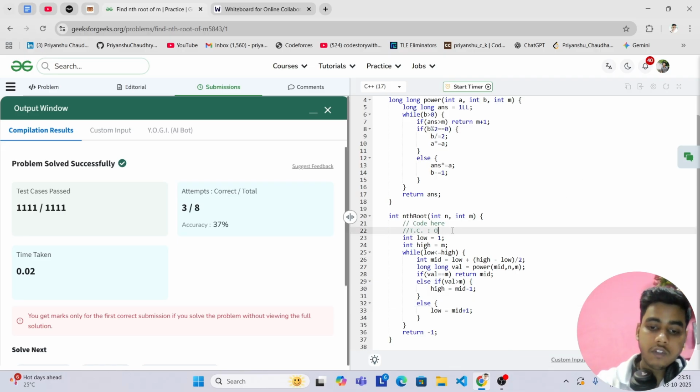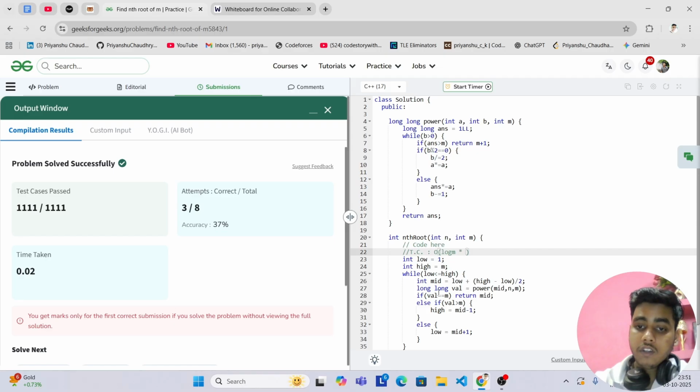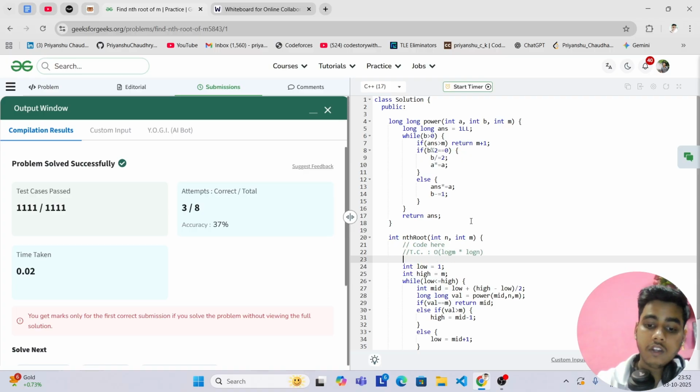So time complexity will be big O of log m, and in every iteration we are finding power also, and for finding power I'm using binary exponentiation. So this will take log n time complexity. So we can say that our time complexity is big O of log m into log n, and space complexity, we are not taking any space, so space complexity is big O of 1.